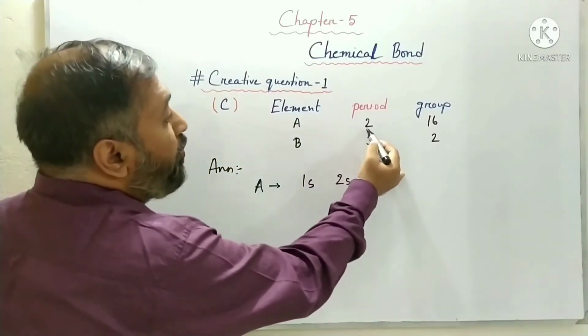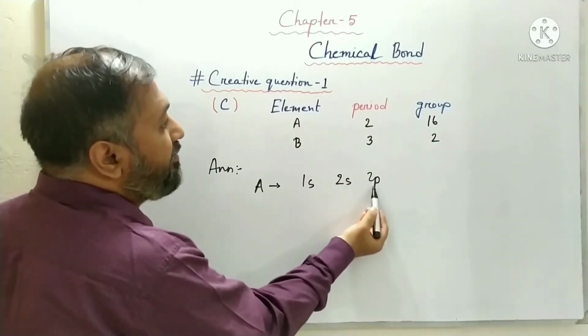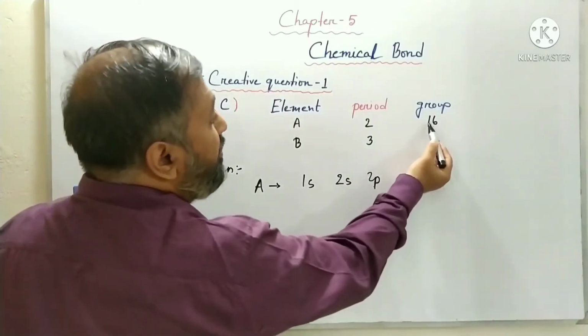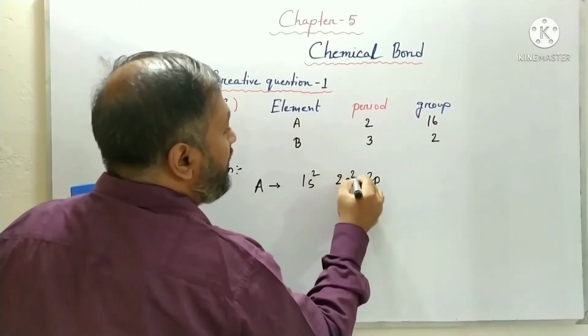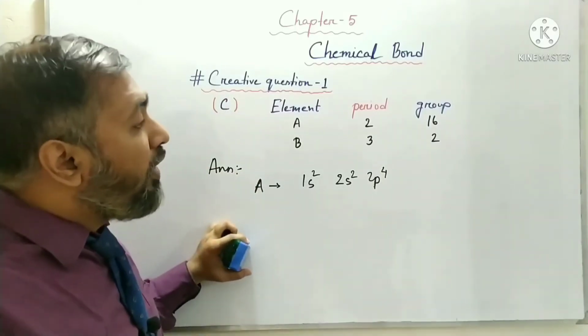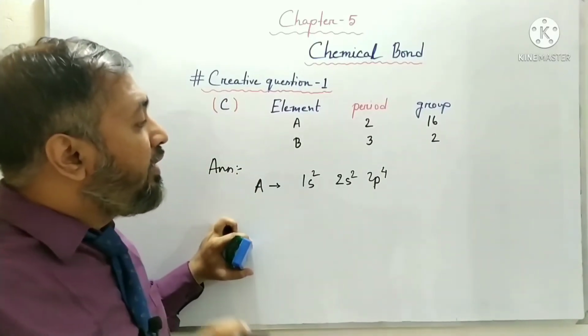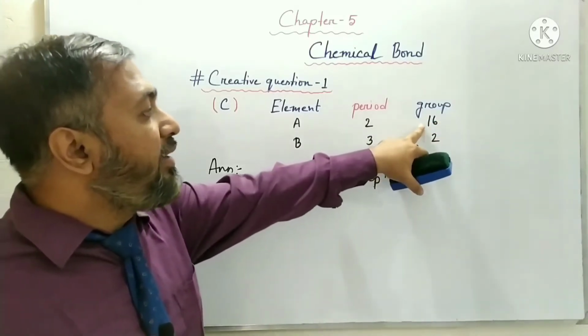Because 2 is the period number, therefore the last electron remains in the second period, and the total number of electrons present here is 16. So we can write this down, because according to the electronic configuration, when electrons enter the p energy shell, then we need to add 10.